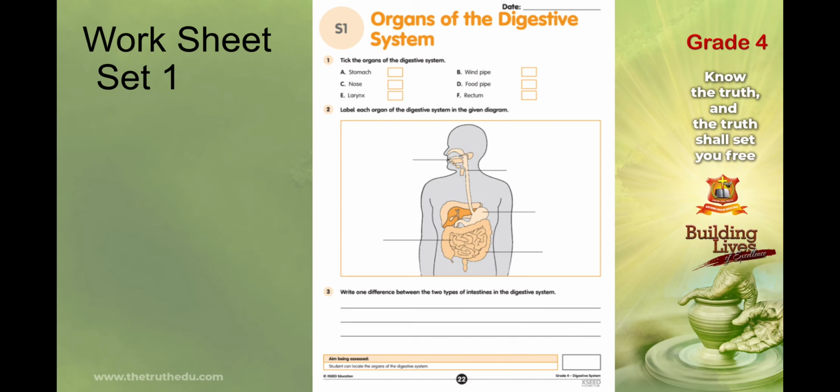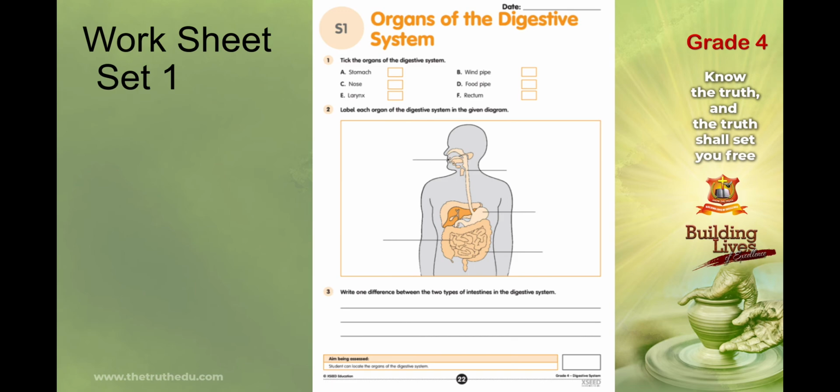So question number 1 is tick the organs of the digestive system. You need to identify what all are the parts of the digestive system and what all are not the parts of the digestive system. Okay. Option A is stomach, option B is windpipe, option C is nose, option D is food pipe, option E is larynx, and option F is rectum.